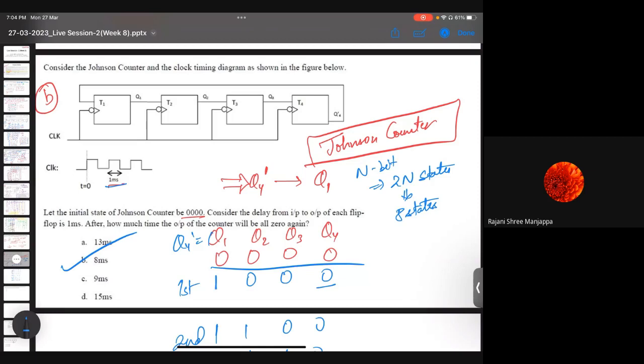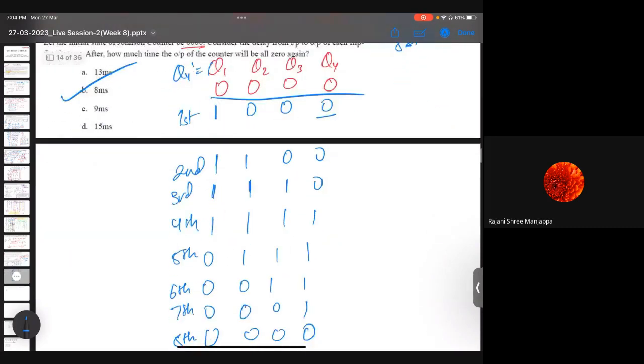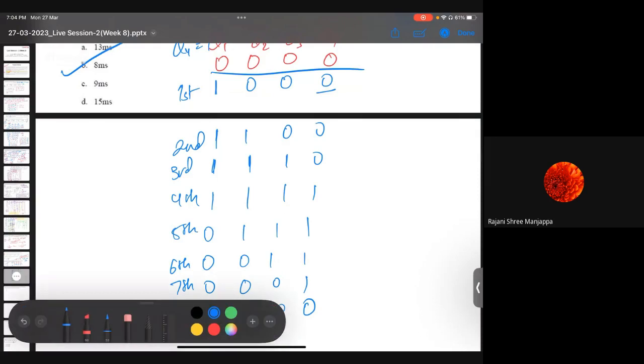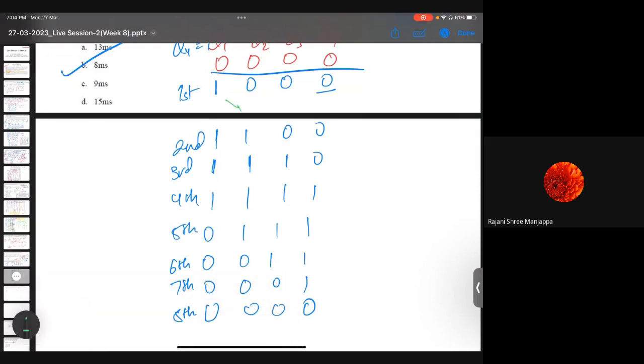Should I repeat? I've done it quite quickly, so maybe I can make the arrows for you.